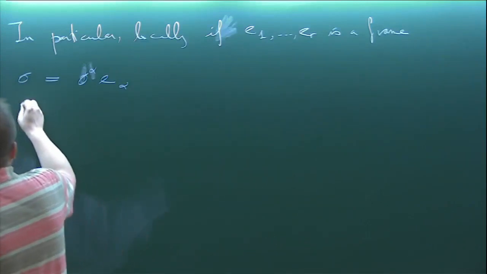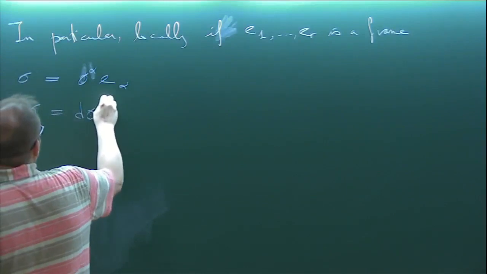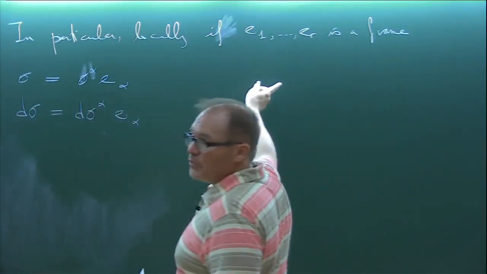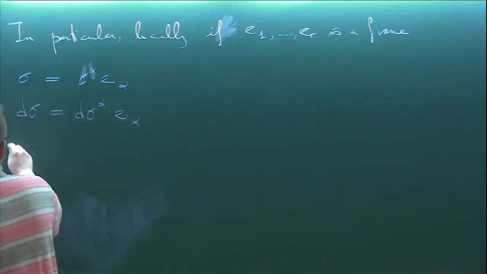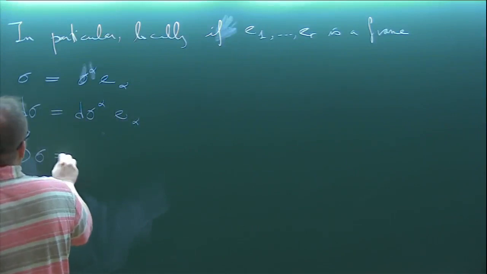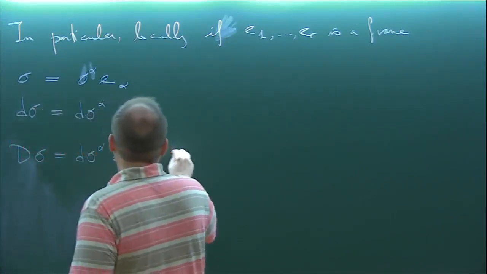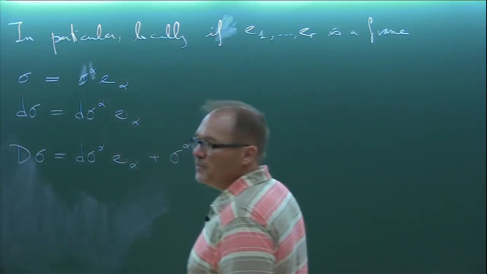Then you can define the trivial connection: d sigma will be d sigma^alpha e_alpha. This is only defined where you have a frame. Okay? And then any other connection, D of sigma, will be d sigma^alpha e_alpha plus sigma^alpha D of e_alpha.